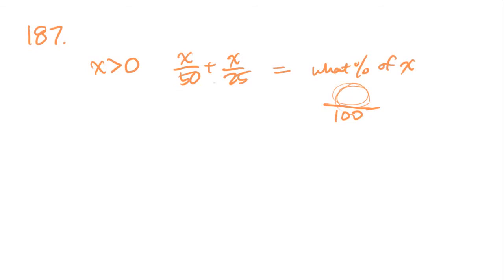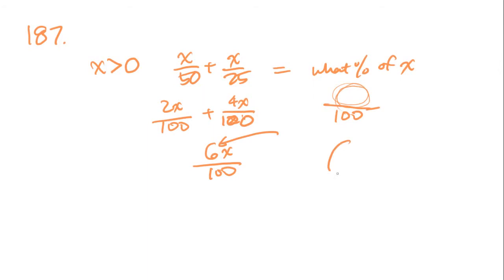So 50 and 25, let's turn this into 2x over 100 plus 4x over 100. We add these together and we get 6x over 100. Well, what do you know? Percentage, 6%. And that is answer A.